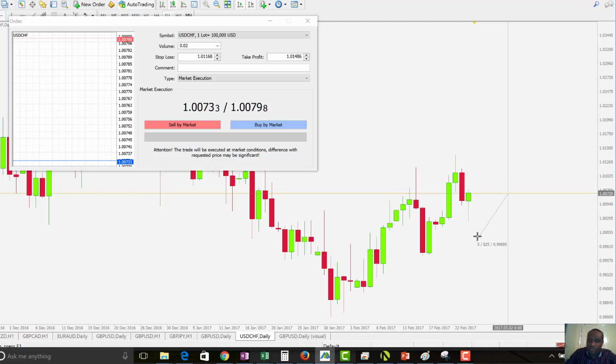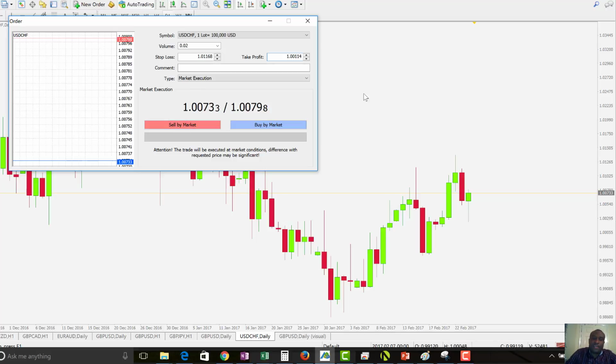So if I go 60 pips the other direction for my take profit, it'll be 1.00114. And all I do then is hit the sell by market button. Boom, I get filled into the market.